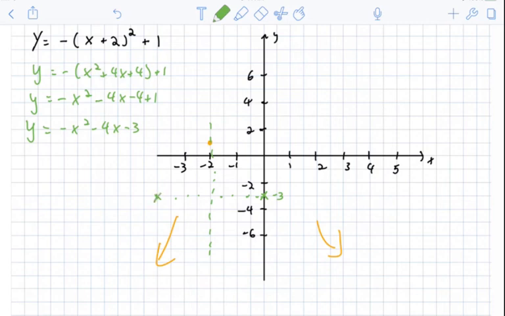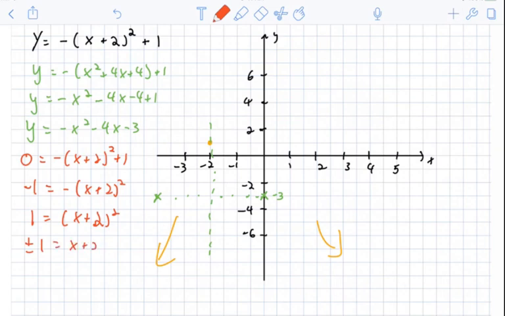And now let's find the roots, because why not? So, oh wait, okay. Minus 1 is equal to minus x plus 2 all squared, divided both sides by minus 1. Take the square root of both sides.